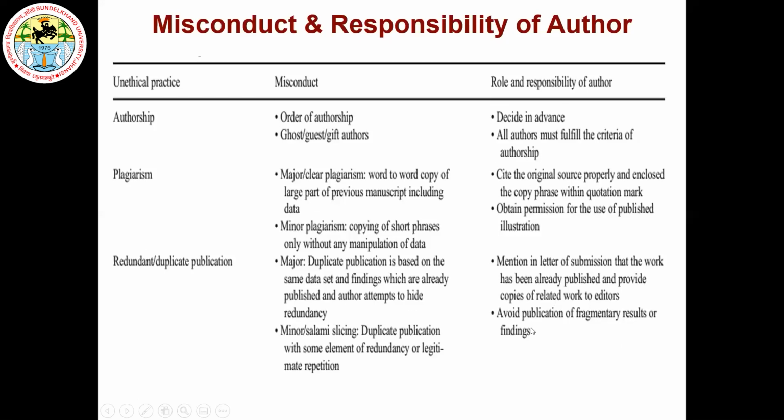So the author's responsibility is to mention in the letter of submission that the work has been already published and provide copies of related work to editors. Second, avoid publication of fragmentary results or findings, that is, avoid salami slicing publications.